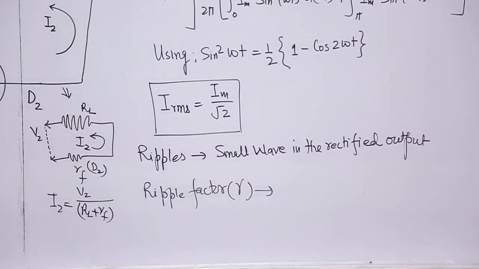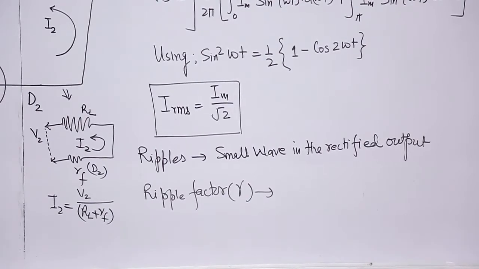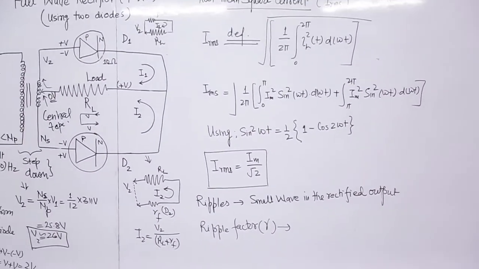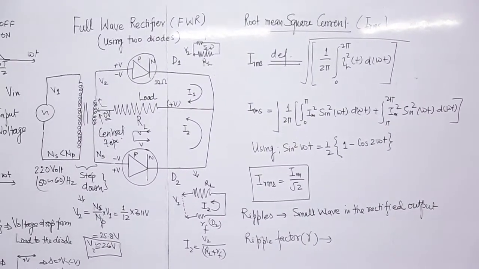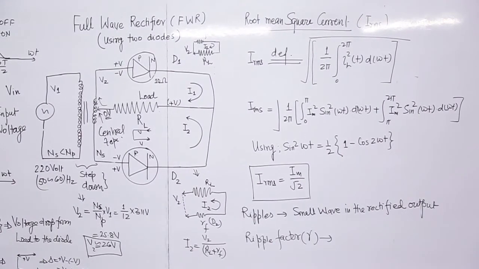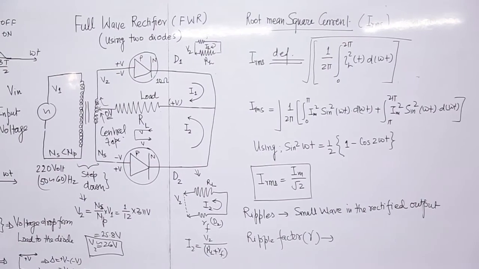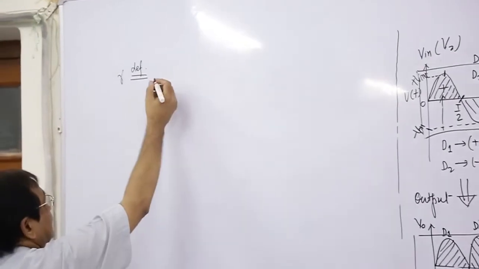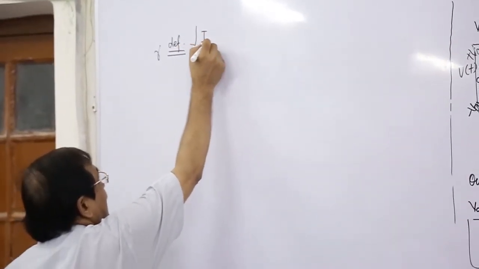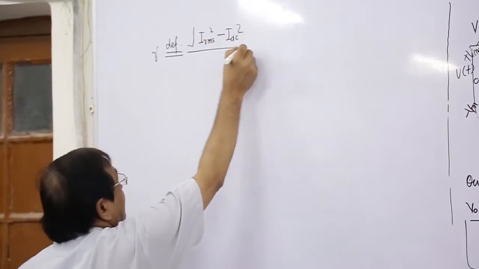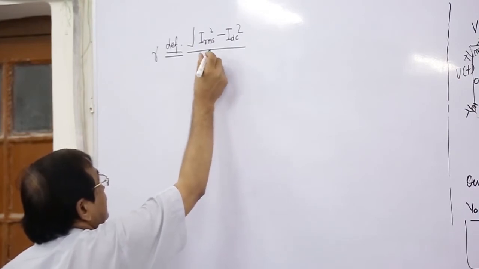So, this ripple factor gamma is defined as IRMS square minus IDC square divided by IDC square.